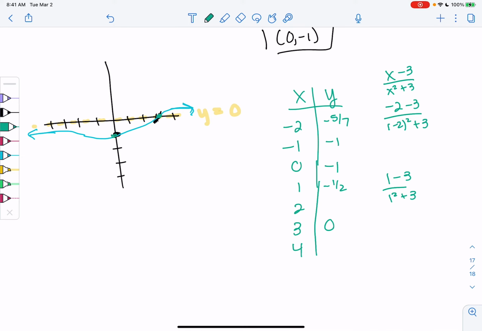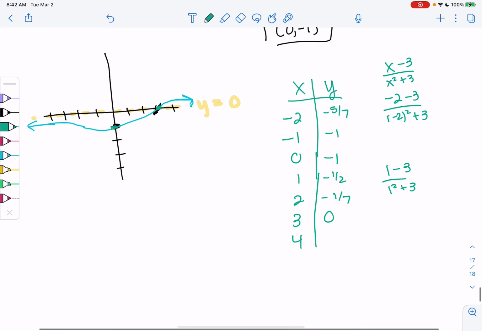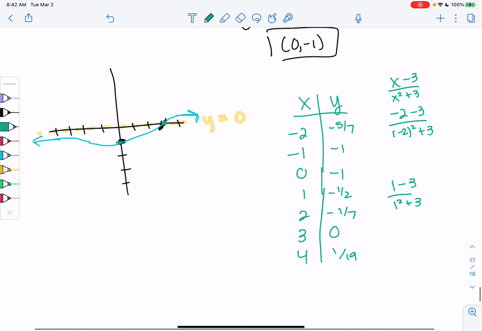This is homework help. For 2, we get negative 1/7, hopefully. If I'm getting any of these wrong, I'm sorry. Yeah, negative 1/7. And then 4. 4 minus 3, we get 1. And then 16 plus 3, 19. And this is agreeing with what we've already done.